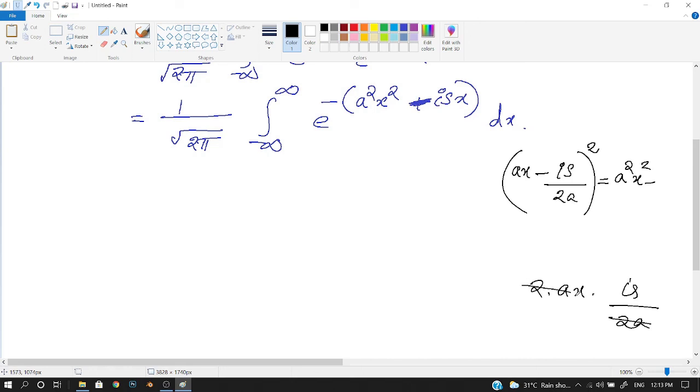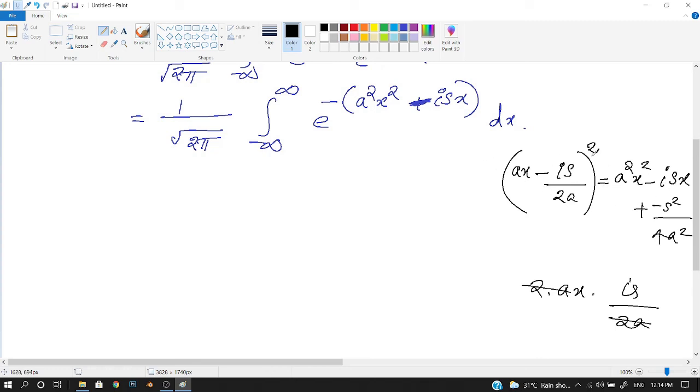So 2a cancelled, so the term is isx, then plus the next term is the b square term, that is i square, which is minus 1. So minus s square divided by 4a square. So you just consider this expansion in your mind.